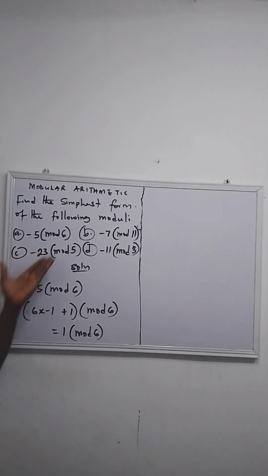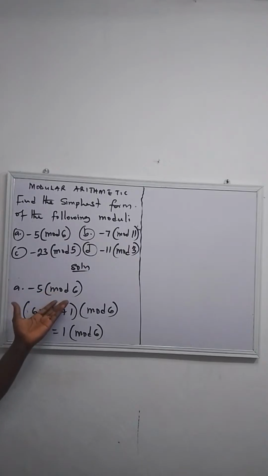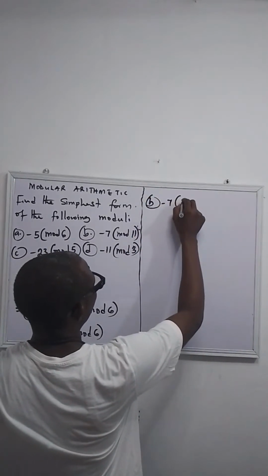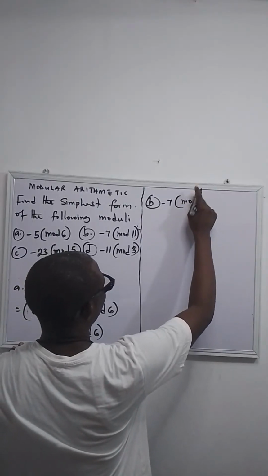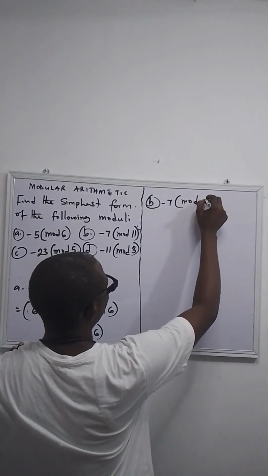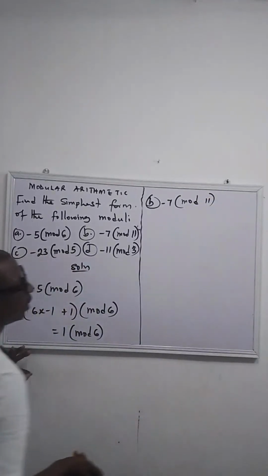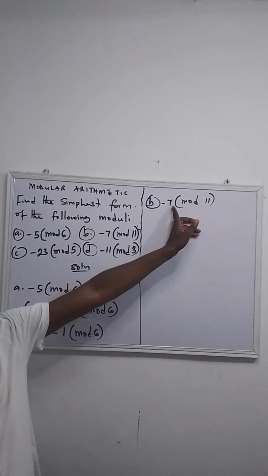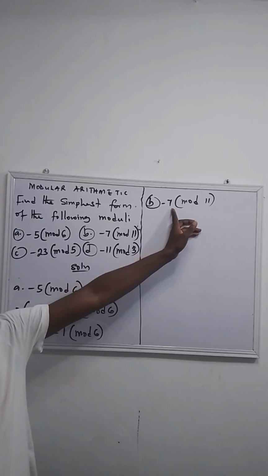Okay, so now let's look at the second one. It's just a replica of the first one. We have -7 mod 11. As you can see, your modulo is bigger than the number here.